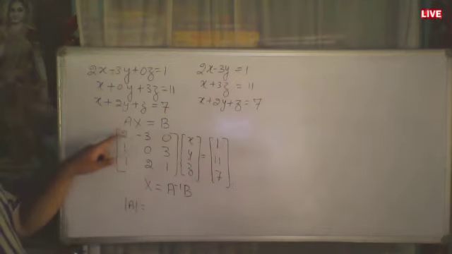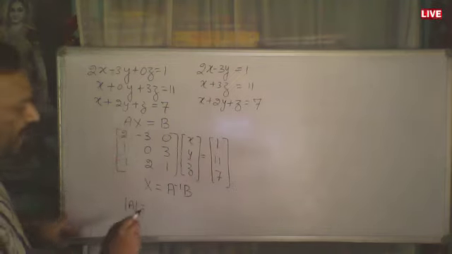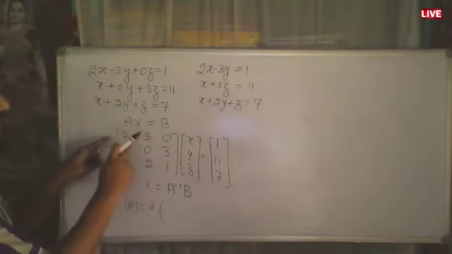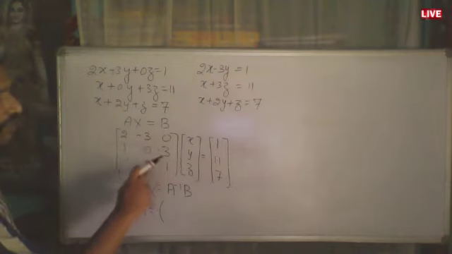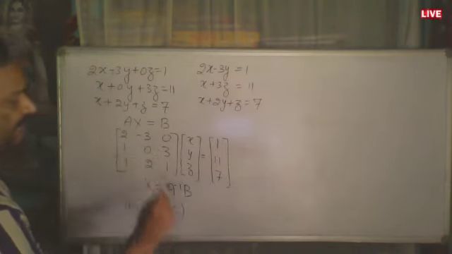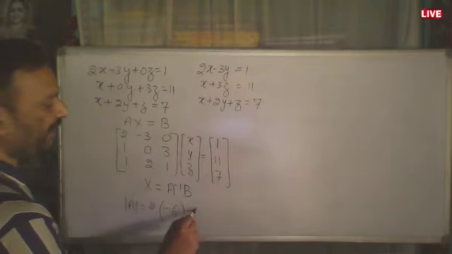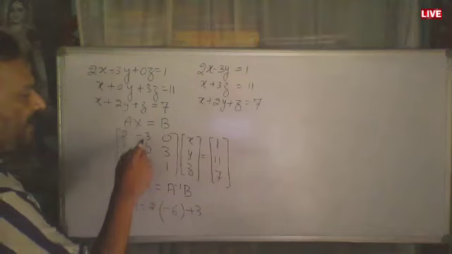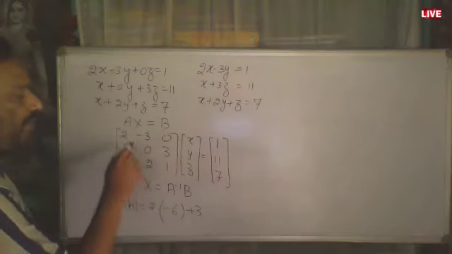How to find the determinant of A we have already discussed, but let me explain again. 2, now cross multiplication. Eliminate first row and first column: 0 into 1 minus 2 into 3, that is minus 6. Then minus with minus 3 gives you plus 3, and then eliminate second column and first row.